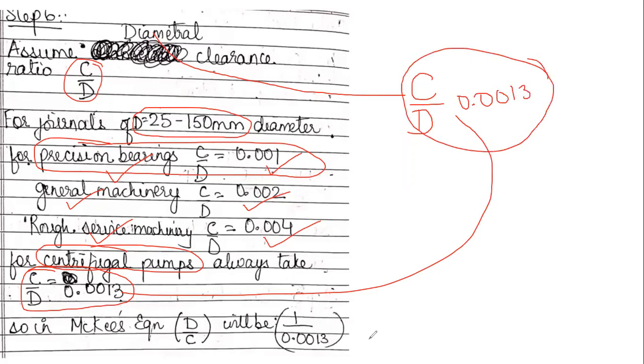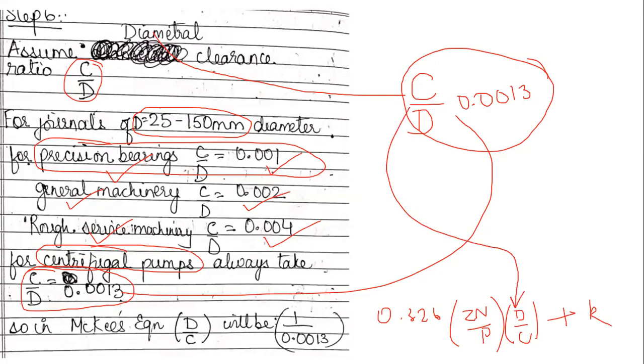But if you check the Mackey's equation, the equation which is 0.326 Zn by P into D by C plus K, it is not C by D, it is D by C. So you'll have to do inverse of this. You'll have to take this value as 1.0013. This you are going to keep it over here.